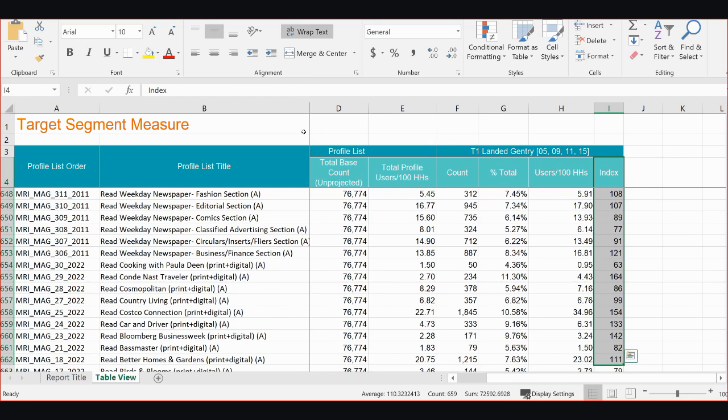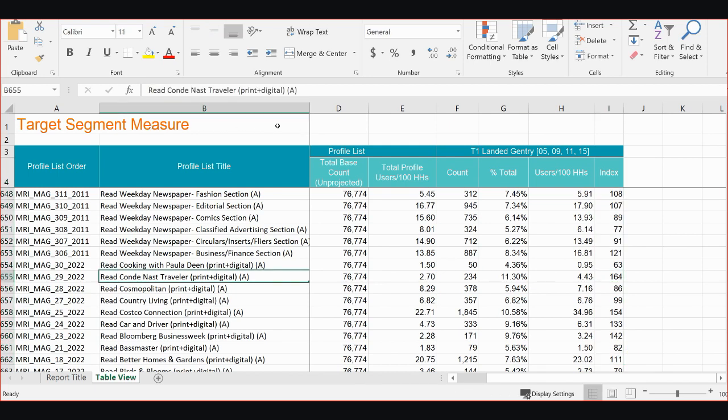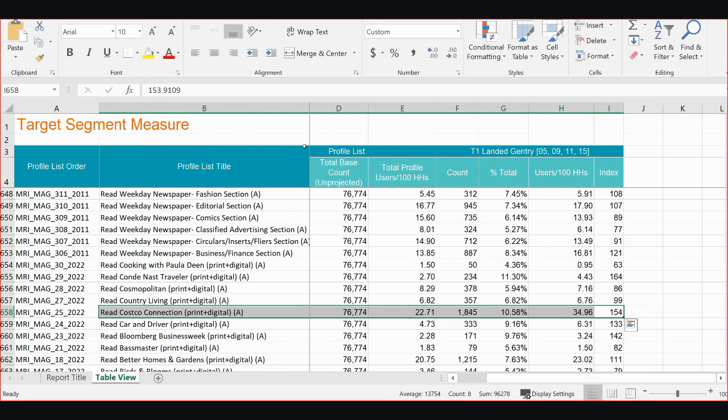So we have 164 is the index for the Condé Nast Traveler, okay? So this means that they are, and we usually say in percentages, 64% more likely than the average American to read Condé Nast Traveler. Again, we could go back to the Costco Connection. The landed gentry segment are 54% more likely than the average American to read Costco Connection.